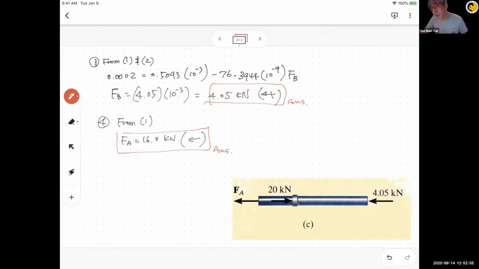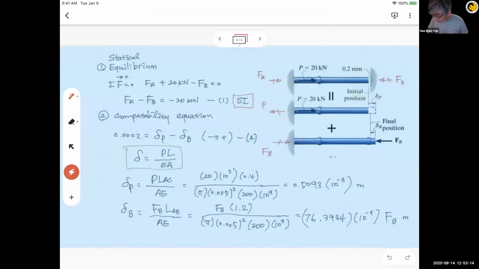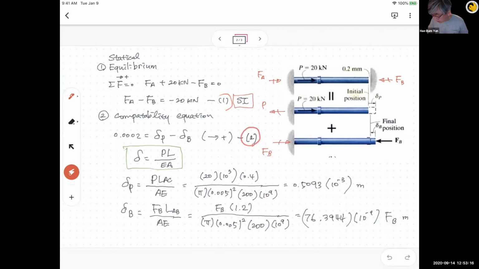So Jenny asked, where did the 4.5 come from, or did you just skip this? What I did is I wrote here, I'm combining this equation and this equation and plugging in these values.